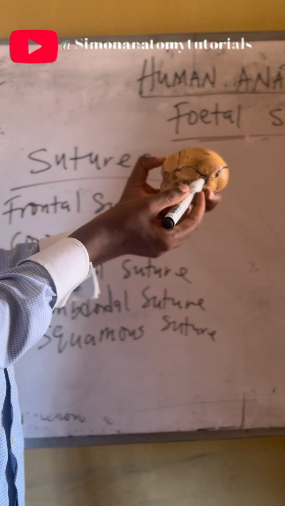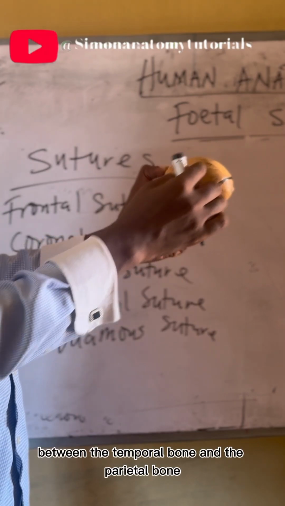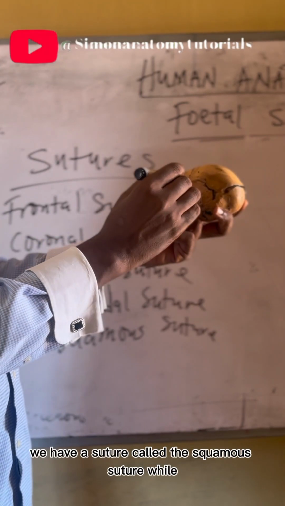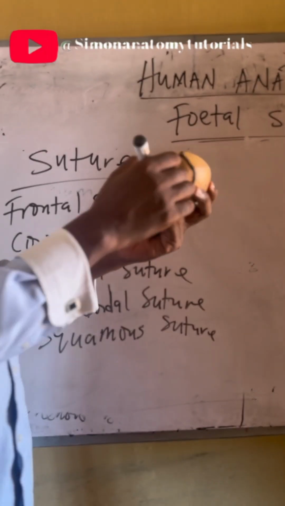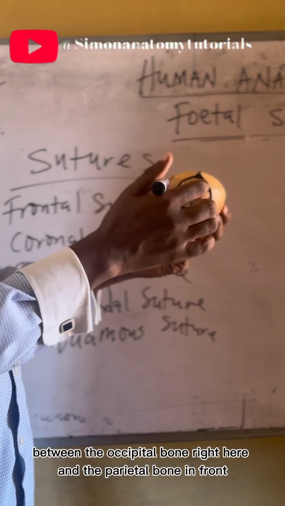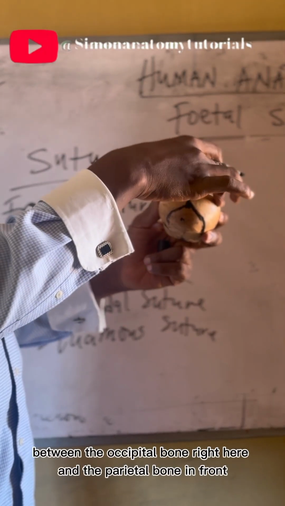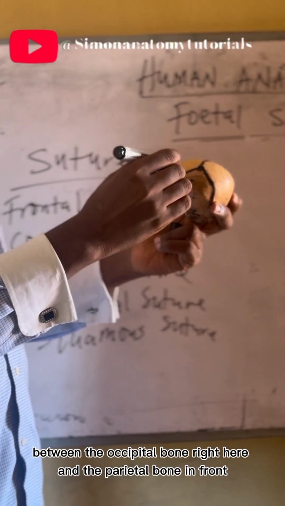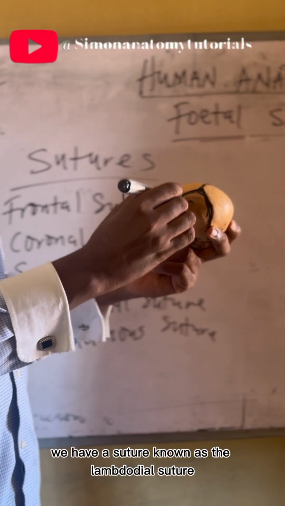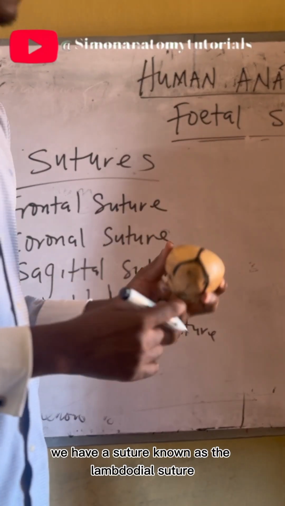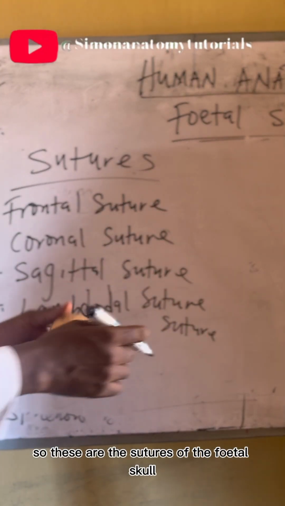Laterally, between the temporal bone and the parietal bone, we have a suture called the squamous suture. While between the occipital bone right here and the parietal bone in front, we have a suture known as the lambdoidal suture. So these are the sutures of the fetal skull.